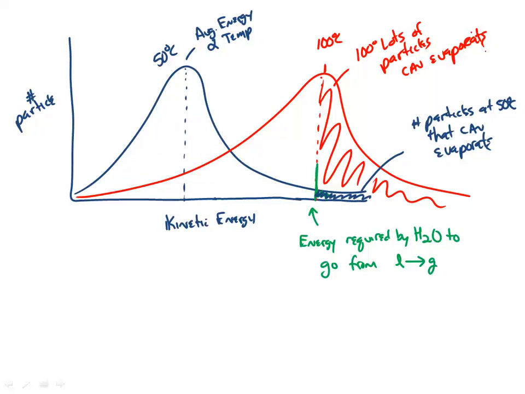No, only some of them boil, and only the ones that have that amount of kinetic energy or above. And so it's a process, and as we add more and more heat, we get more and more of those particles. So realize that temperature is that average kinetic energy, but that at any given temperature we have some particles that have more kinetic energy than that and some less.